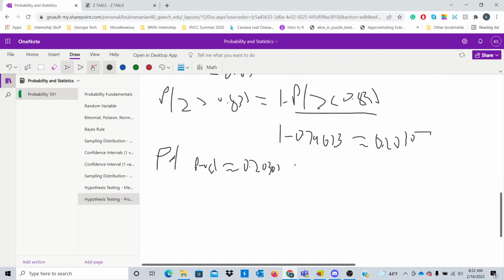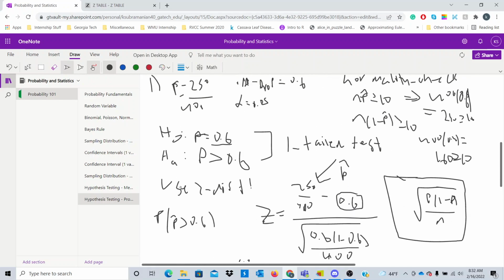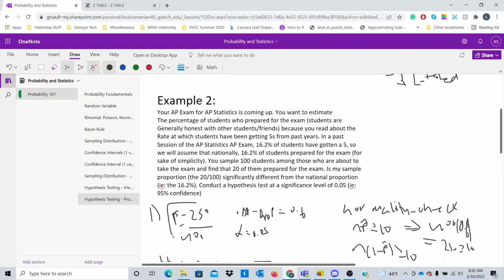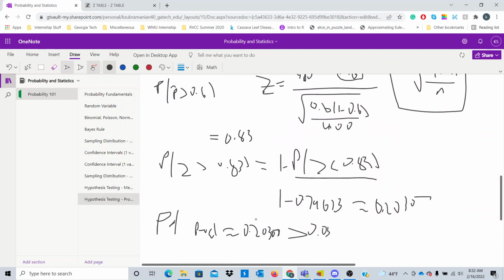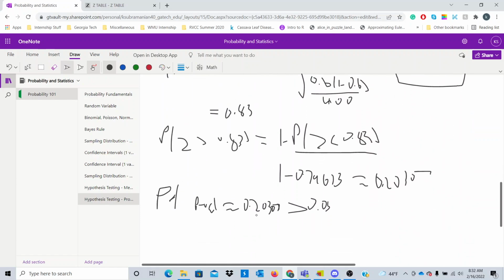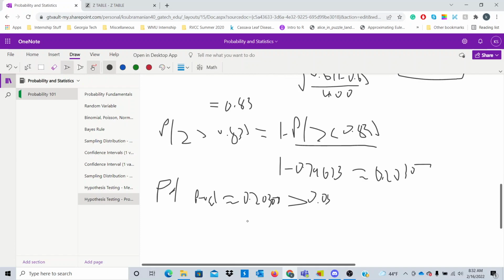But what do we know? This value is much larger than 0.05, right? So what does this mean? Well, the chance of getting an observation more extreme than this is 0.20307. So approximately a 20% chance of getting a z-score that is above 0.83, or getting an observation that is more drastic.